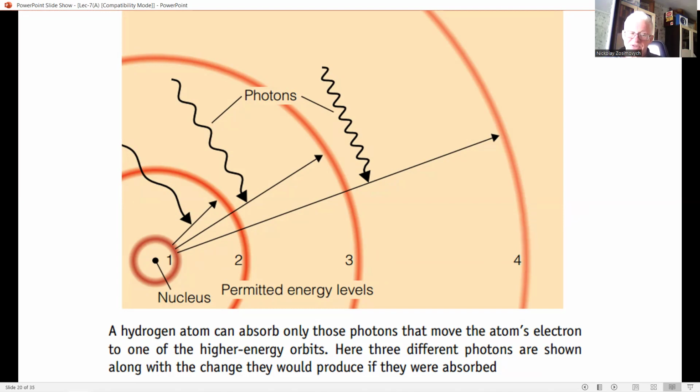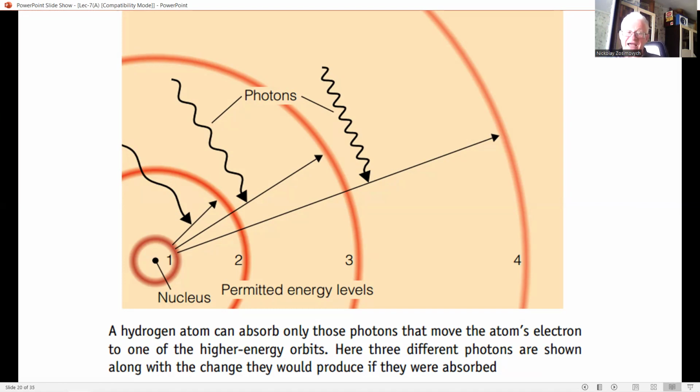Atoms, like humans, cannot exist in an excited state forever. An excited atom is unstable and must eventually, usually within 10 to the power minus 6 or even 10 to the power minus 9 seconds, which is less than 1 second, give up the energy it has absorbed and return its electron to a lower energy level.